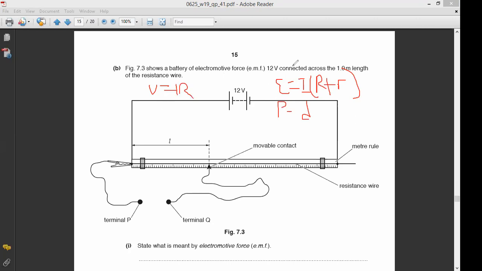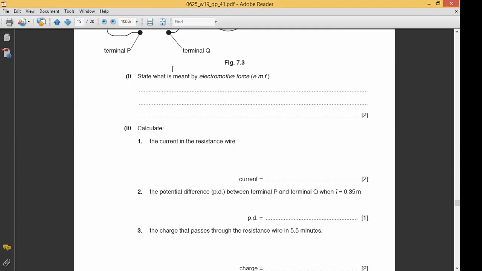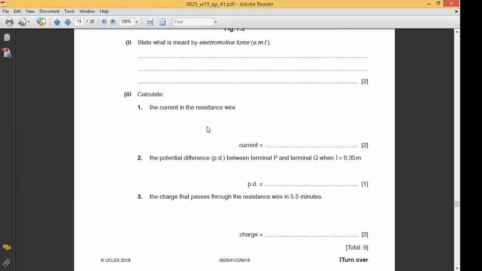They are still measured in volts because it's still the work done. One is around the circuit, one is just from one point of the circuit to another point. Do you understand that now? Yes, sir. So that's electromotive force.